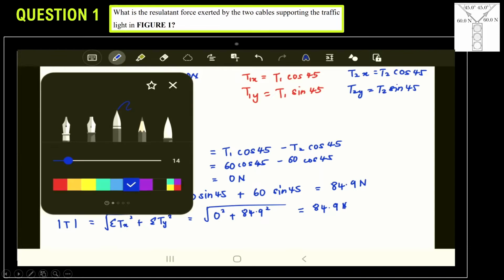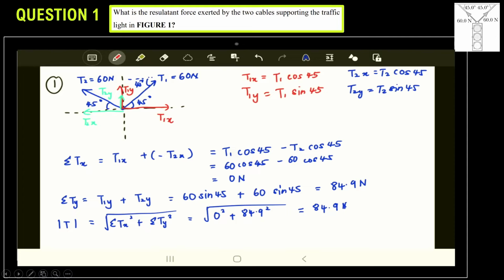Remember, when we have squared here, this is actually plus minus, but we consider this as positive because both T1y and T2y are upward. So 84.9 Newton is the magnitude and the direction should be upward, so the value is positive. The positive value is accepted because there is an upward force that supports the traffic light.